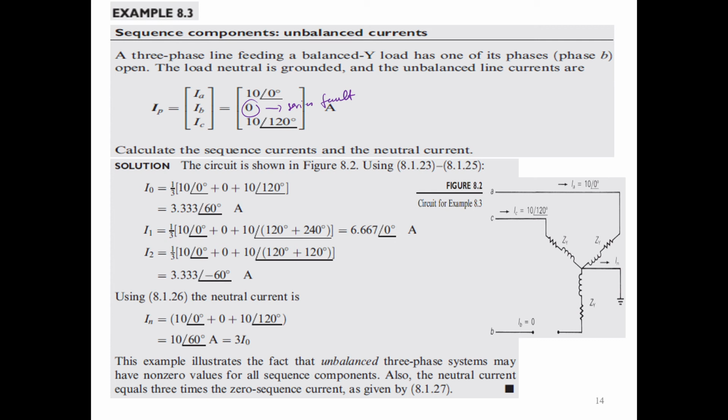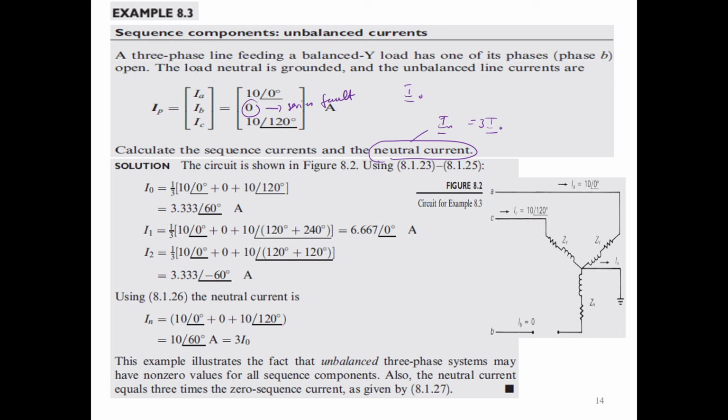So the problem asks you to calculate the sequence current and the neutral current. In this case, you must have the neutral current somehow. Okay, you see that if you can manage to find the I0 from the transformation, the neutral current IN would be three times the I0.